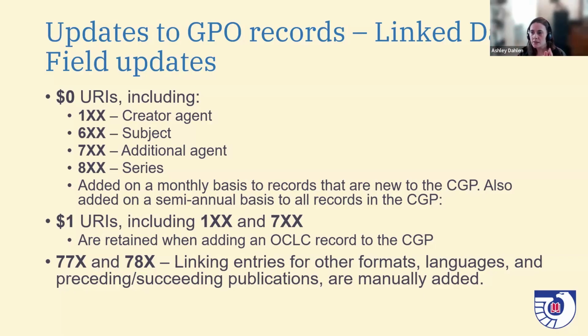The 77X and the 78X, those are, if you have a catalog record, say for a paper format, it's going to have a linker field that tells you, hey, there's this record over here for the online version. And then the online format record would have a linker field that would say, hey, there's this print record over here. So it's a linking field between different formats of a publication, different languages of a publication, and it also links you to preceding and succeeding publications for that particular title.